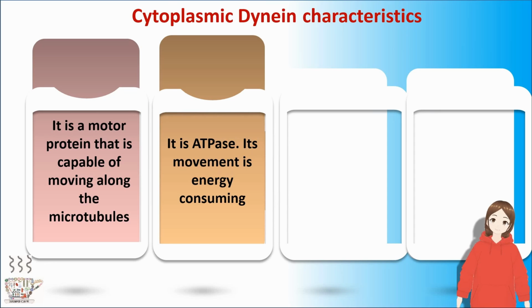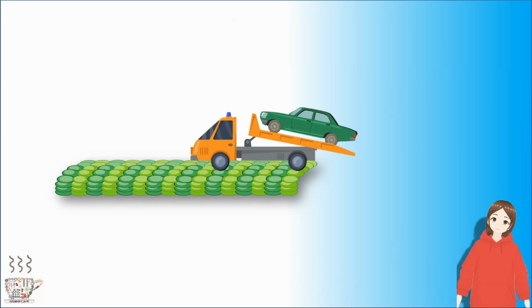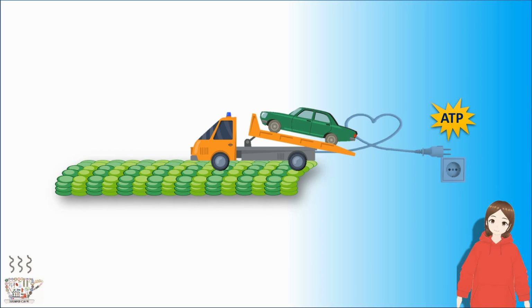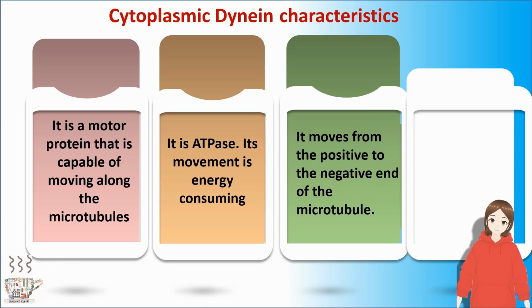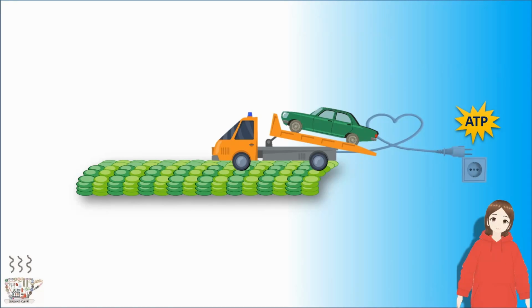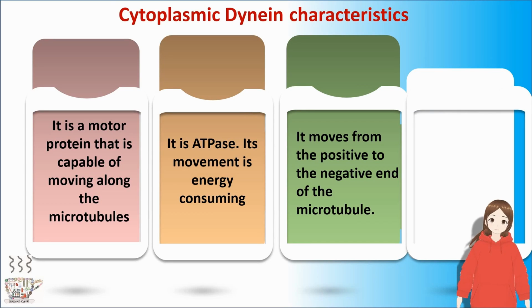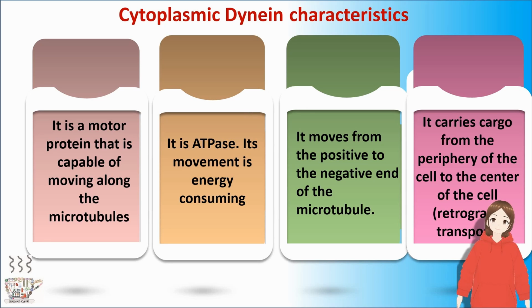Its movement is energy consuming. It moves from the positive to the negative end of the microtubule. It carries cargo from the periphery of the cell to the center of the cell, retrograde transport.